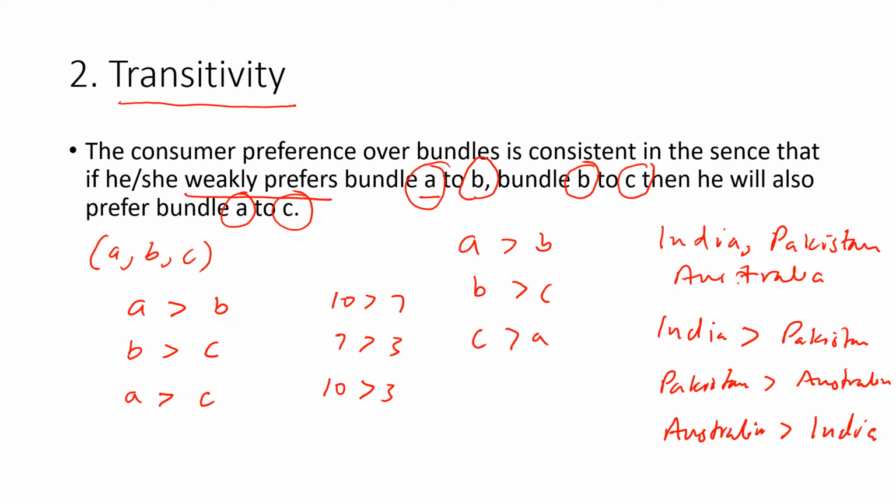Then you cannot decide which one of them is the real champion, and this is possible in cricket. Such types of cycle are possible in cricket, but this is not possible in consumer preference. When a consumer is making a decision, and if he prefers bundle A to B and he prefers bundle B to C, then he should prefer bundle A to bundle C.